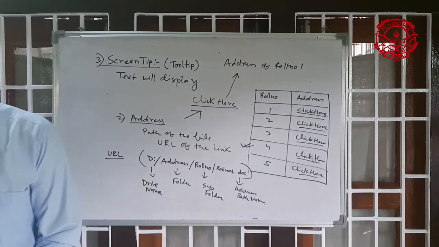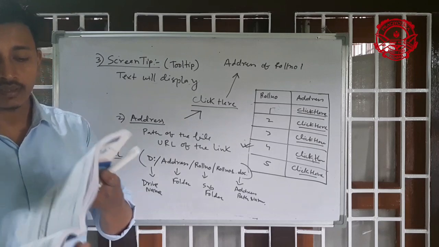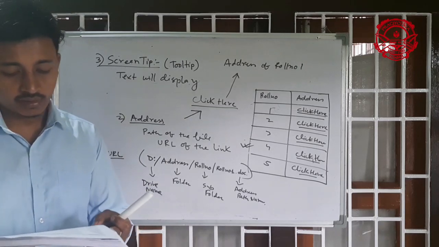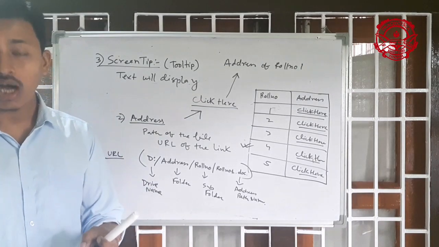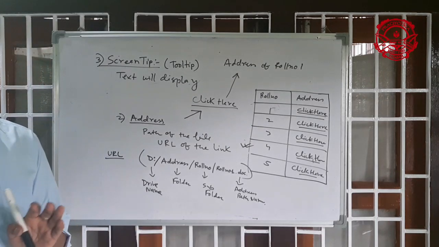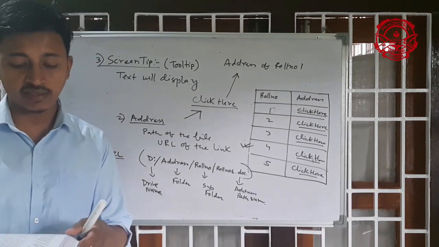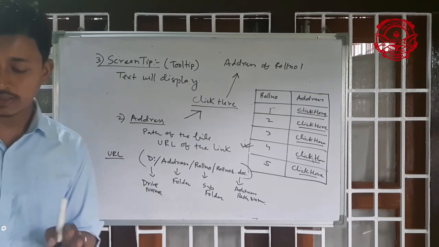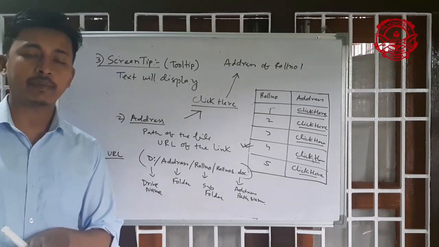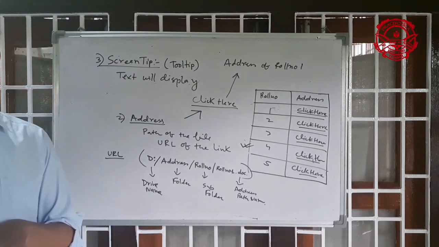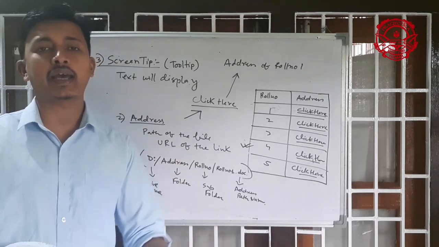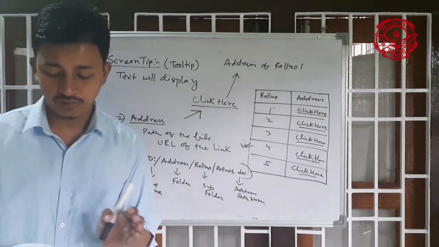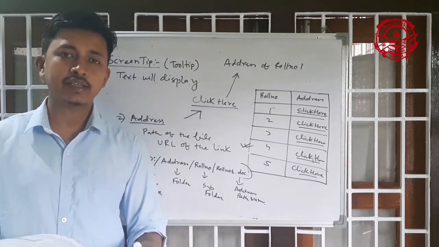Now see, you can see on page 198, the same things: how to create a hyperlink, how to edit a hyperlink. There are steps given here in the book on how to edit or add hyperlinks. Okay, you just follow the steps. It is very easy.